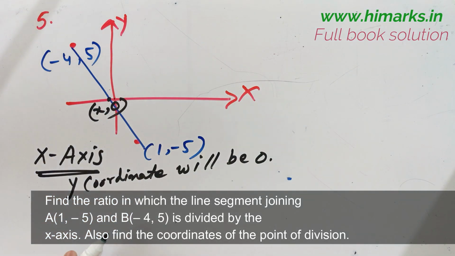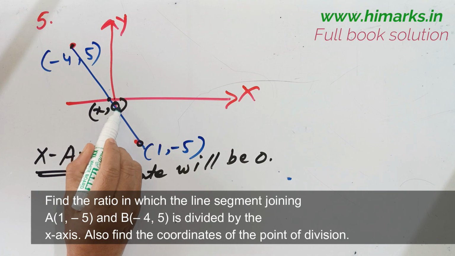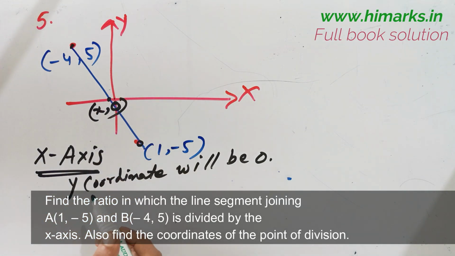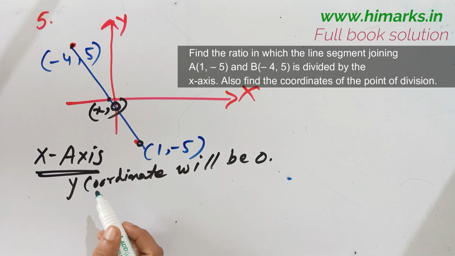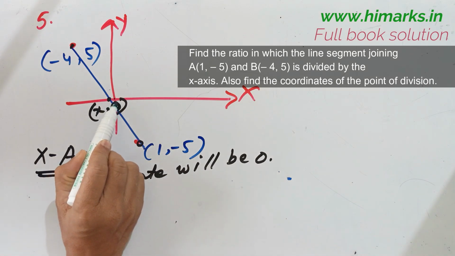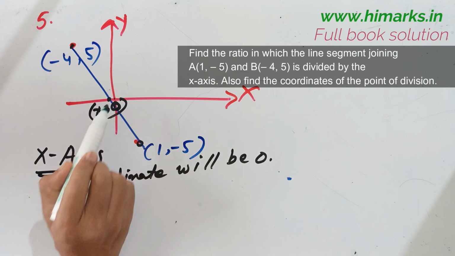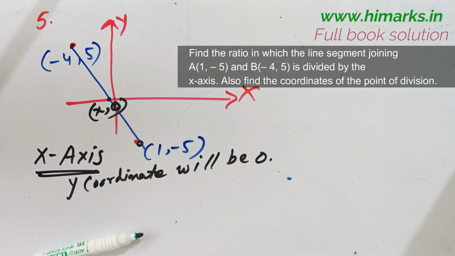Okay, so now these 2 points are given. With that you should apply the y formula, because the x value is unknown, so only the y value, you have to use the y formula. What is the y formula here?